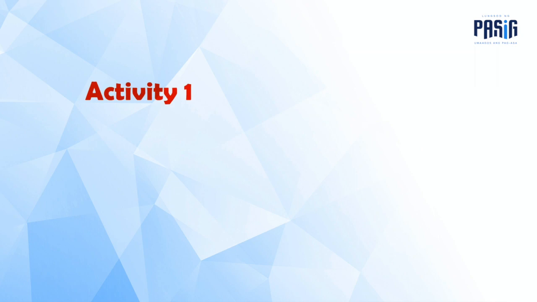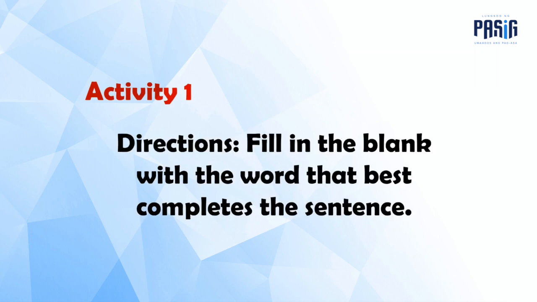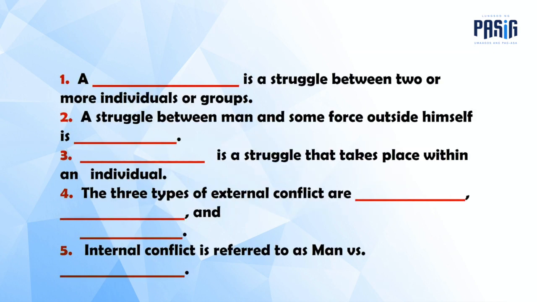For activity 1, fill in the blank with a word that best completes the sentence. Number 1. A blank is a struggle between two or more individuals or groups. Number 2. A struggle between man and some force outside himself is called a blank.